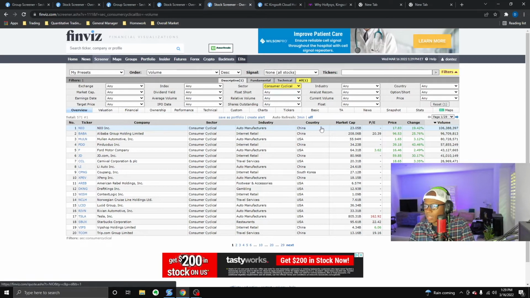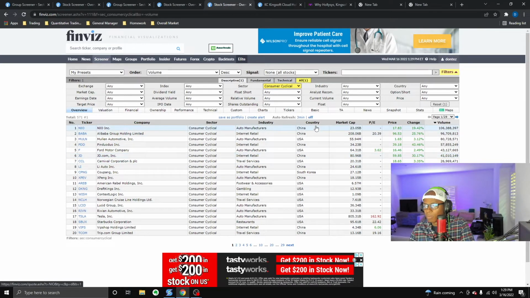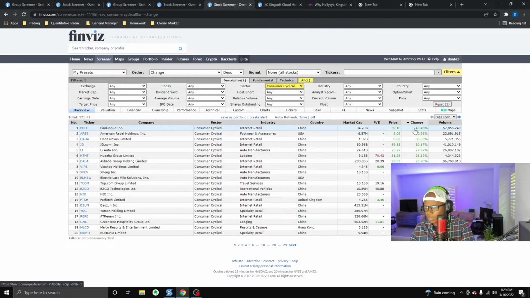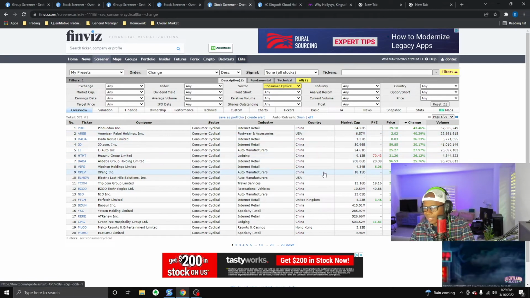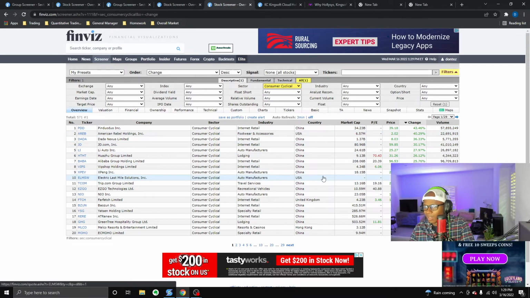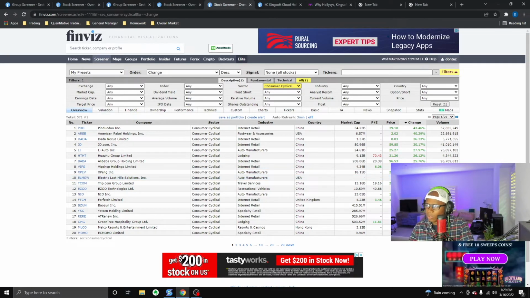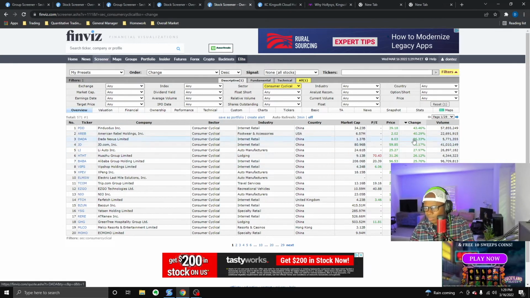Now you'll see out of the top 6, 4 are from China. That's just with order by volume. Order by change, top 10, 8 are China. And so this gives me thinking a little bit that something's going on with China right now, and it's mostly positive.